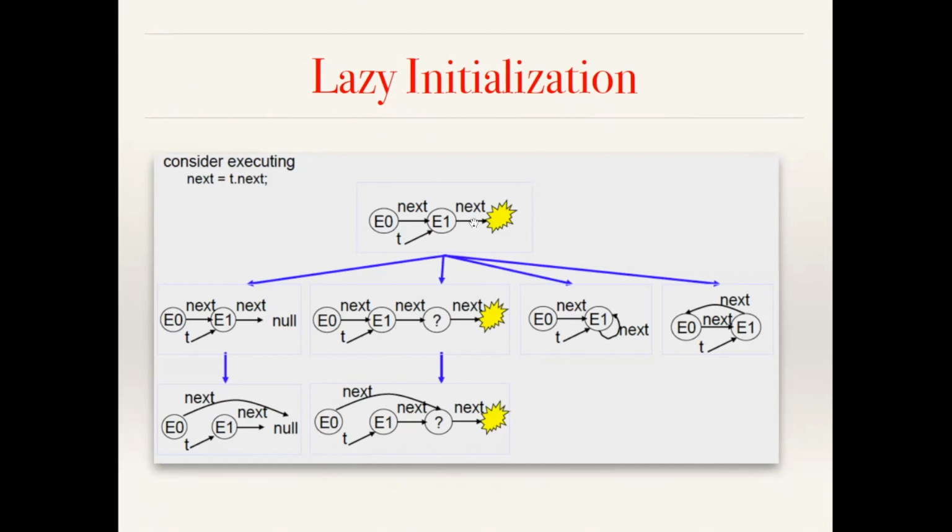So here I just show basically a snapshot of the analysis. So suppose we are at some state where the configuration of the heap, which for this simple example is just a representation of the list, has two elements, E0 and E1, and t is pointing to the second element in the list, and E1.next points to a yellow blob, which basically means that it's uninitialized, or symbolic if you want.